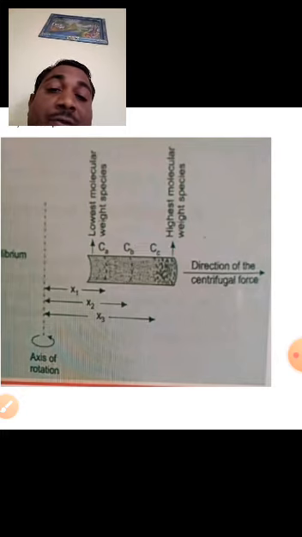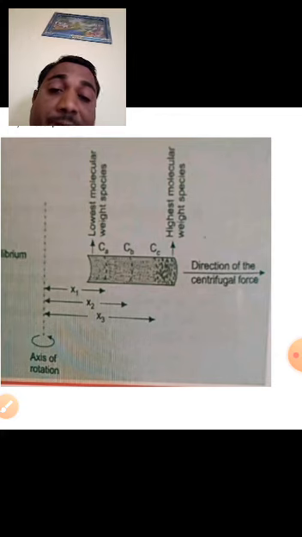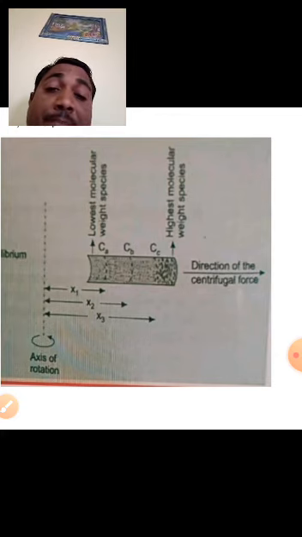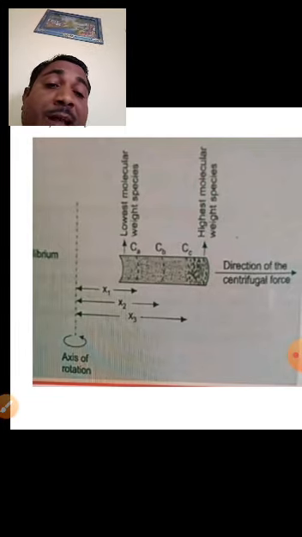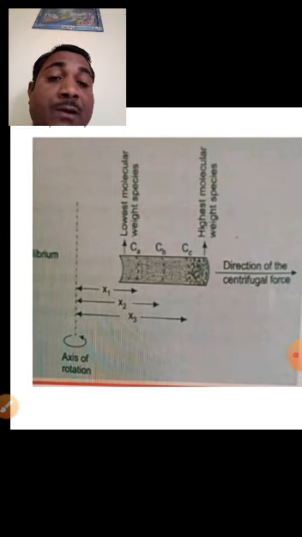This solution cell is rotated at 15,000 rpm, that means rotations per minute, and this is the direction of centrifugal force. The colloidal particles are sedimented under the influence of centrifugal force as well as gravitational force.